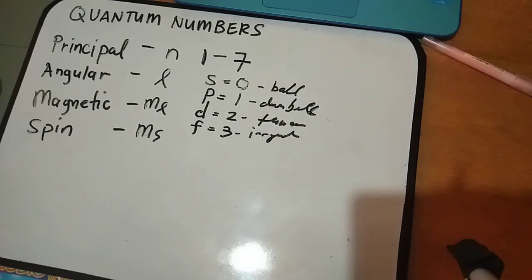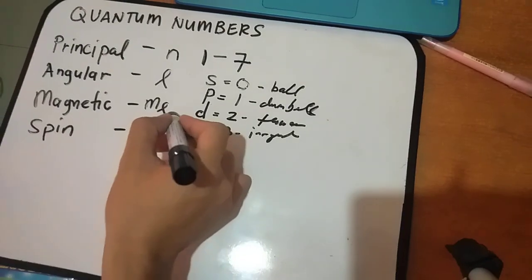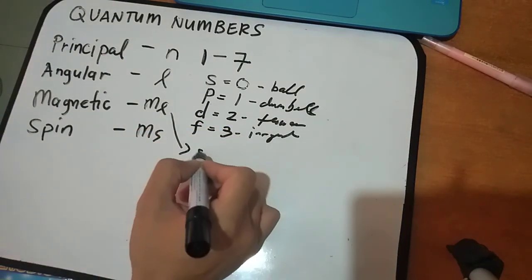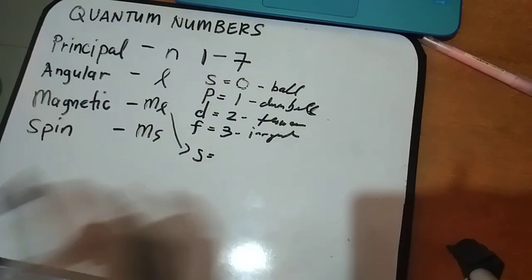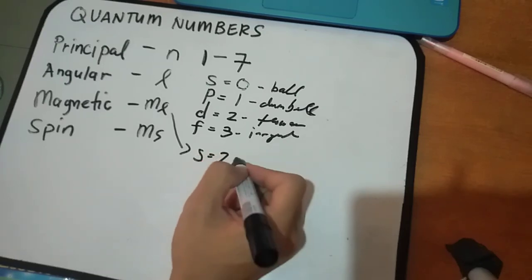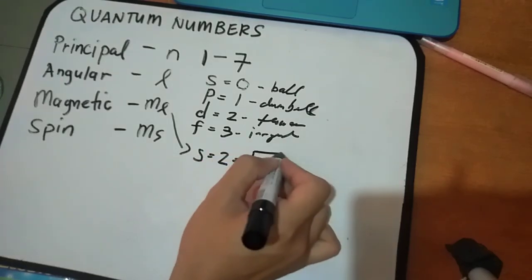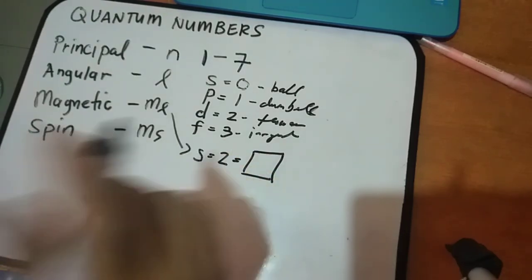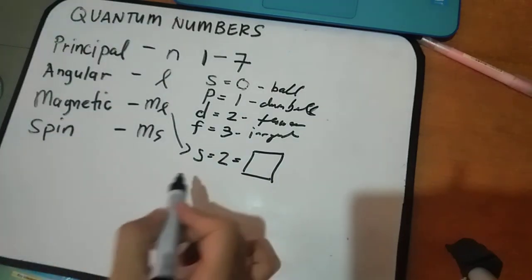So, ano ba yung magnetic quantum number? Yung magnetic quantum number, it tells you the orientation in the space of orbitals. So, tingnan natin. Sa S, ang maximum number of electrons ay 2. Diba? So, it would refer to 1 box. Okay?